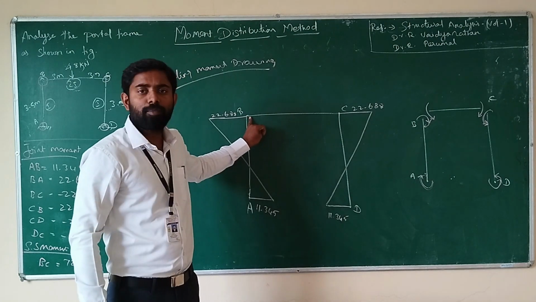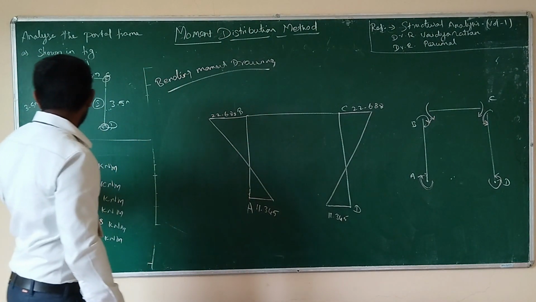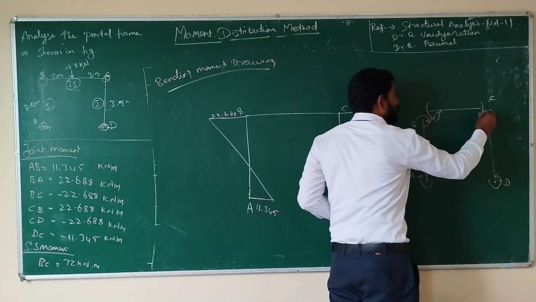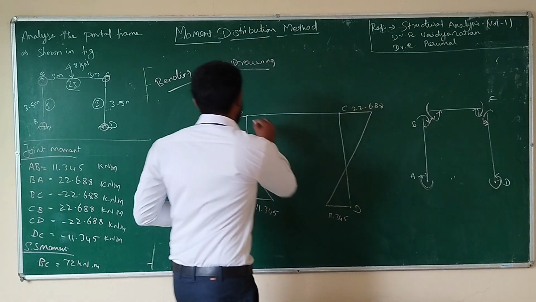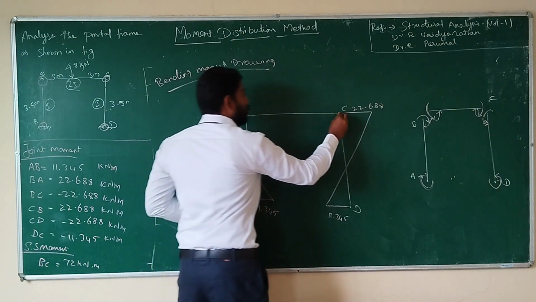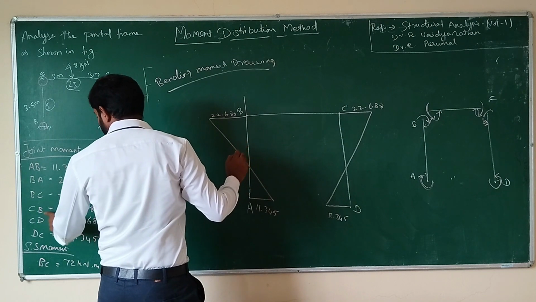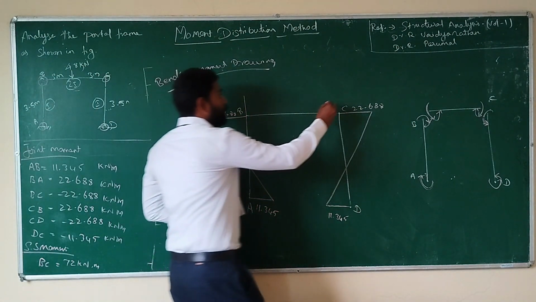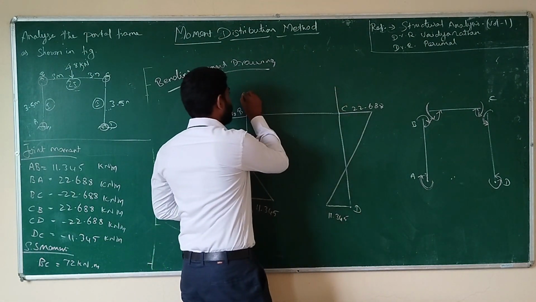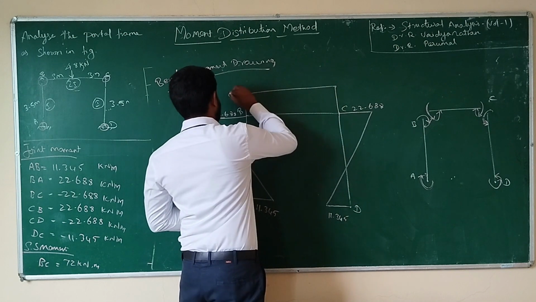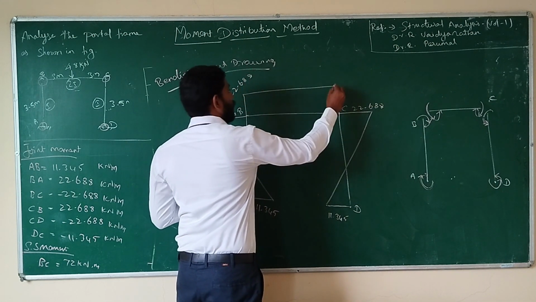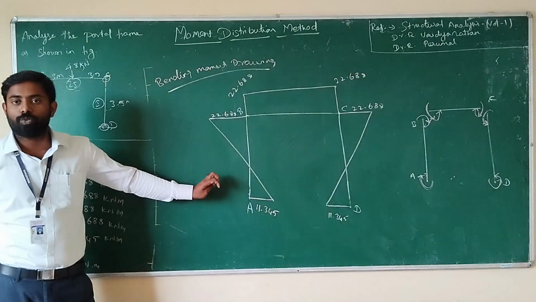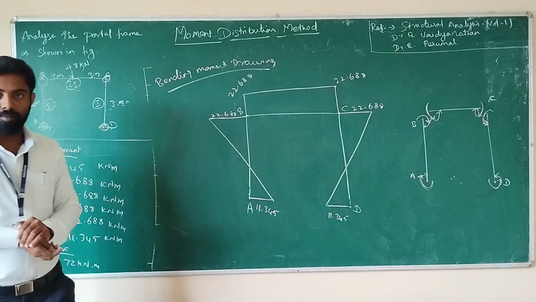Next, I am going to the top for the beam reinforcement. Taking B, it will be moving and hitting towards the top values, so I am drawing it on the top, so that the values become CB 22.688 and BC minus 22.688. Both of them will be of the same height, so I am drawing this in the form of a square. These are the values for the joint moments.